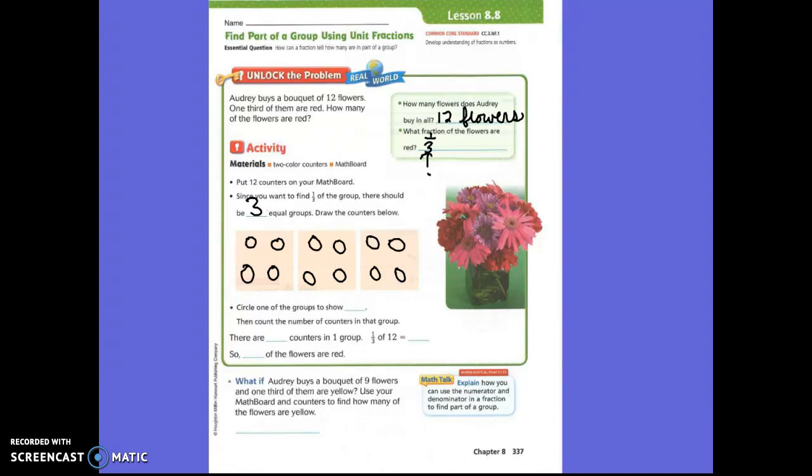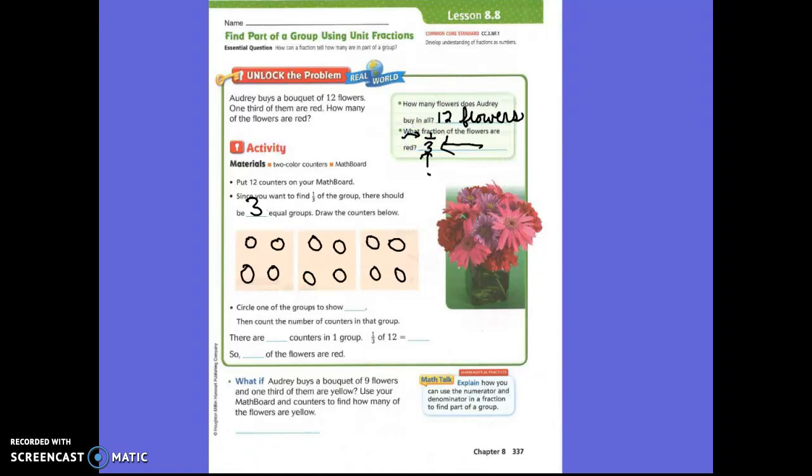Okay. Now, remember, our fraction was 1/3, right? And the 3 we used as our groups, right? Yes. Circle 1, which is our top number, our numerator.